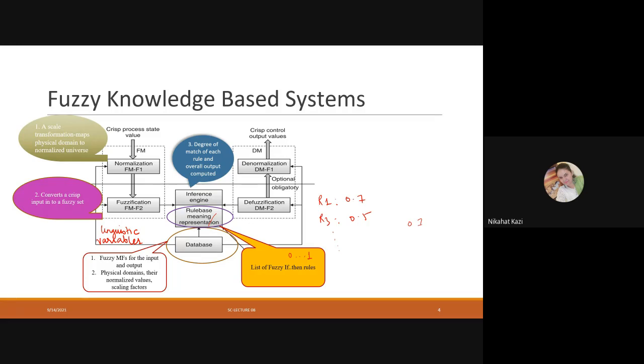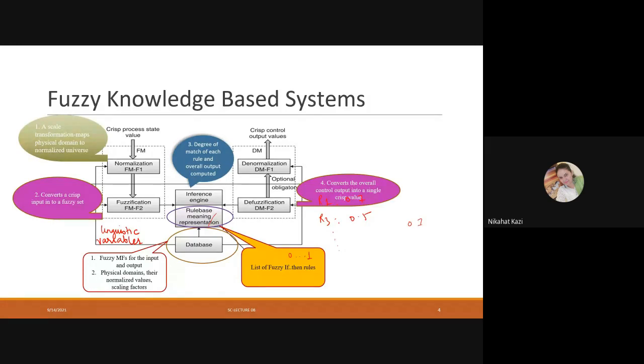And for every rule you will have that, and then you are combining. So defuzzification is nothing but converting the overall output into a single crisp value. Whatever combined output you're getting after doing the inferencing, you need to convert that back to a single crisp value.